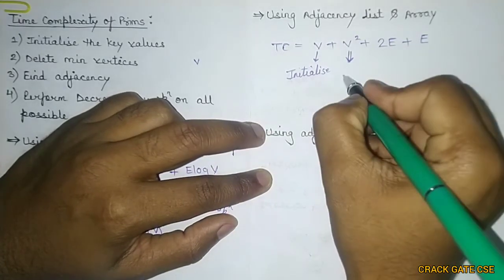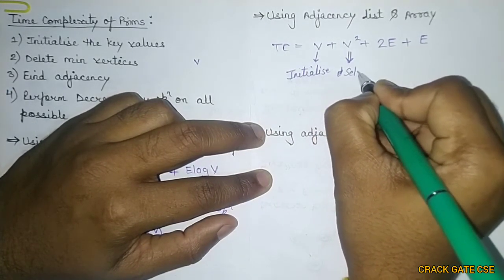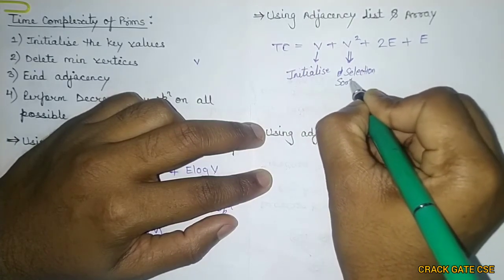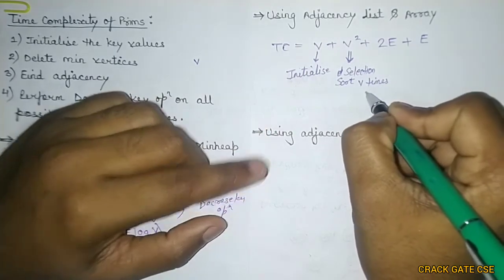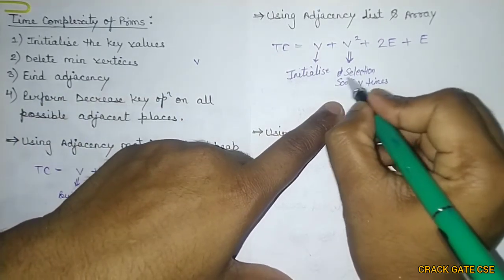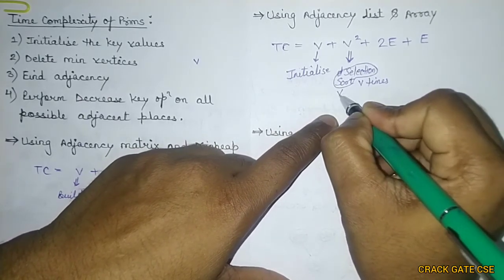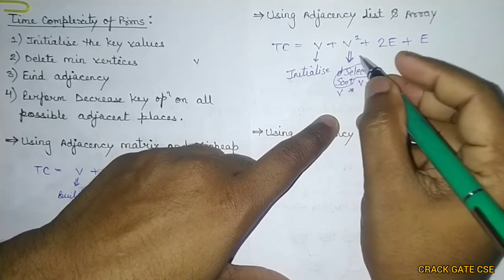So we can use selection sort V times, and this selection sort takes order of V, and we have to perform this V times, that means V into V, which is V square.